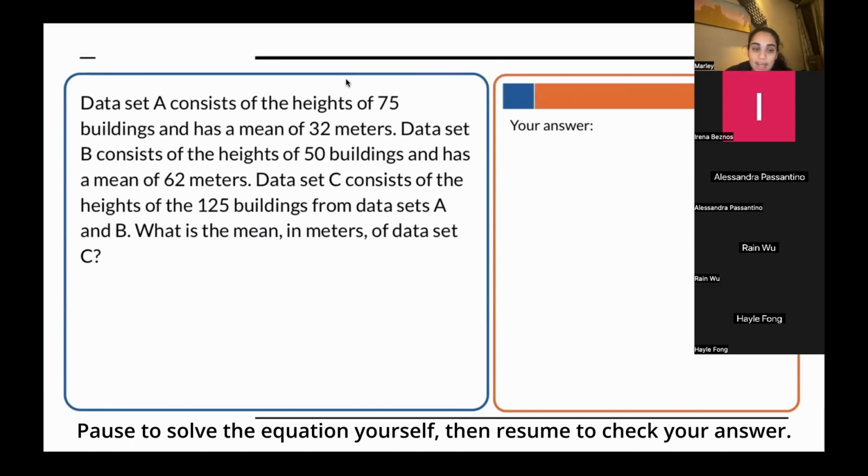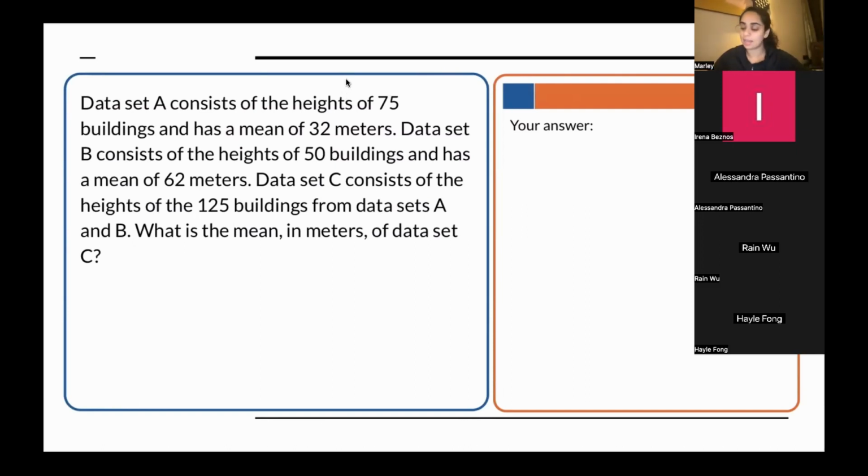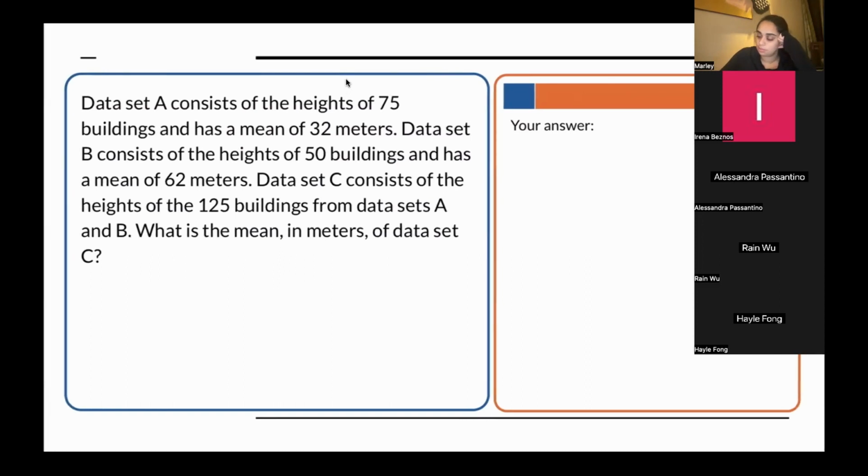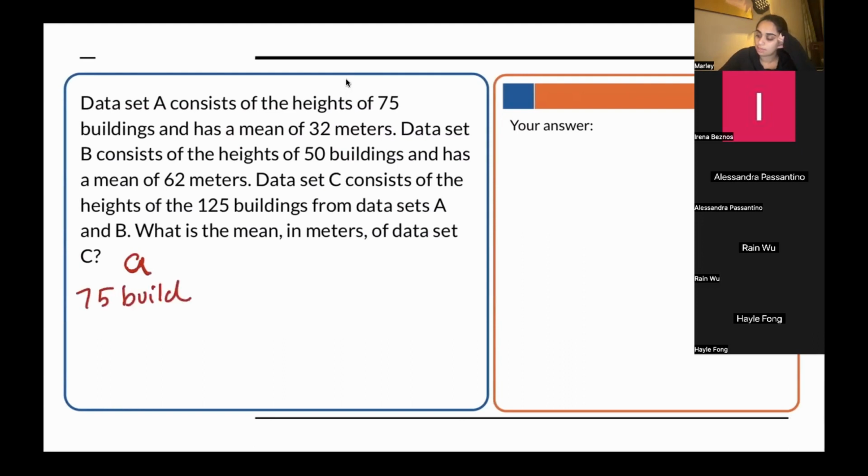Okay, so we have data set A consists of the heights of 75 buildings and a mean of 32 meters. So I'm going to write A is 75 buildings and mean equals 32.